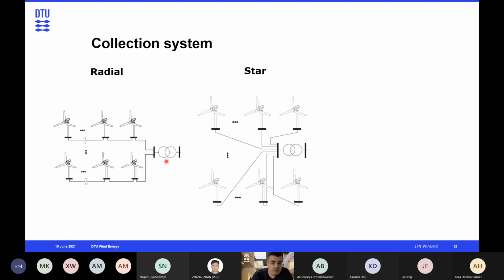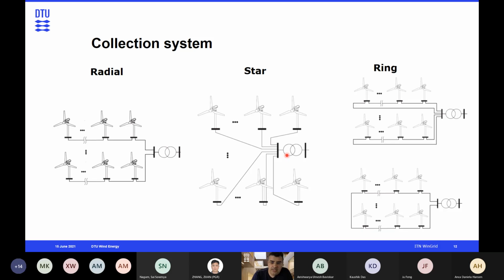Then we have the star connection, where each wind turbine is connected to the same substation individually, and then we can have the ring connection, single or double ring, where some redundancy is introduced in the connection to the offshore substation. And as you probably can imagine, we do that to have an impact on the reliability of the plant.